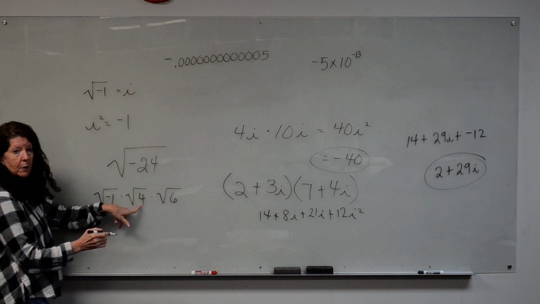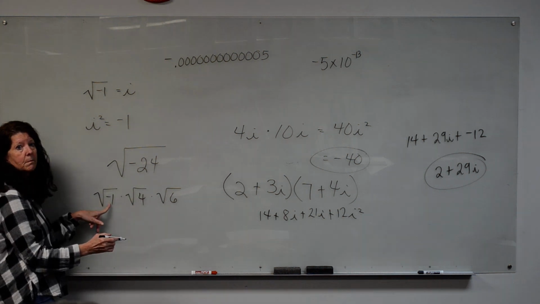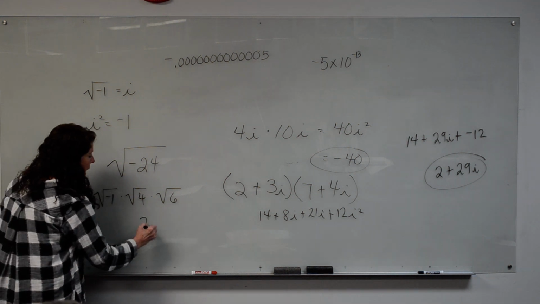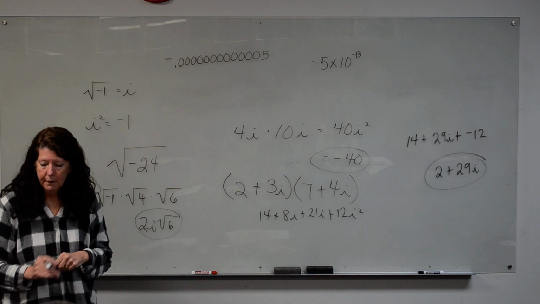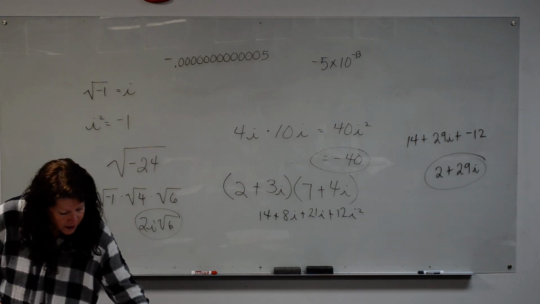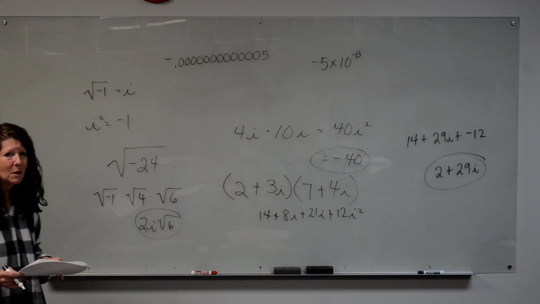So, square root of 4 is 2, square root of negative 1 is i. So I have 2i times the square root of 6. Are y'all understanding that it's really not as hard as what y'all thought it was?